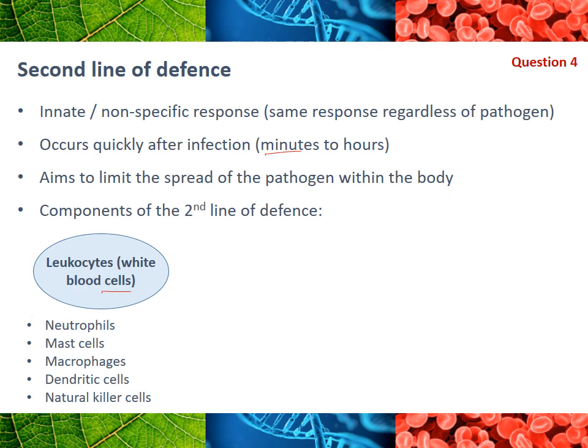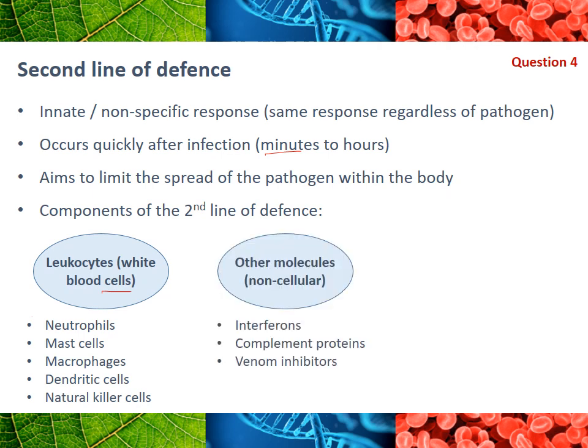Okay, so we're just going through the key ones. Okay, we also then have what are called non-cellular molecules. So these are really important things in the process, but they're not cells. Okay, and again, you will have written these down, things like interferons, complement proteins, and venom inhibitors.